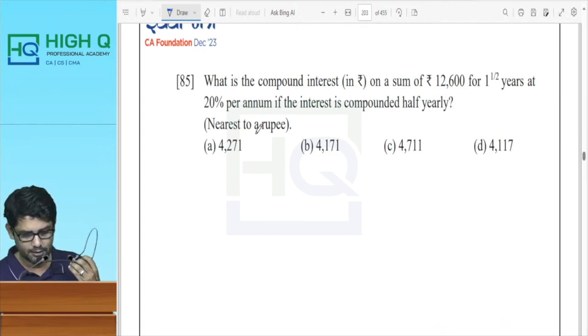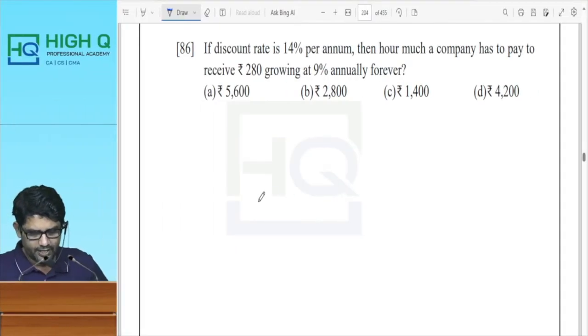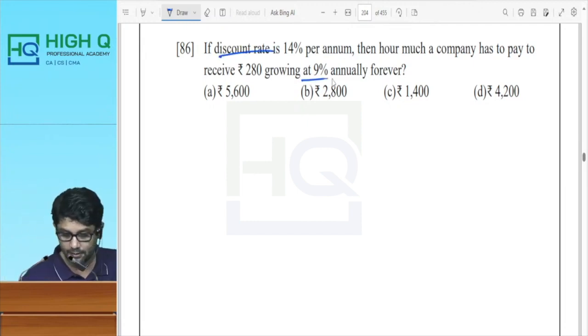Can you do this? Make it fast. If the discount rate is 14% per annum, then how much does a company have to pay to receive 280 rupees growing 9% annually forever? See, the discount rate is given and the growth rate is given. The difference is 5%.